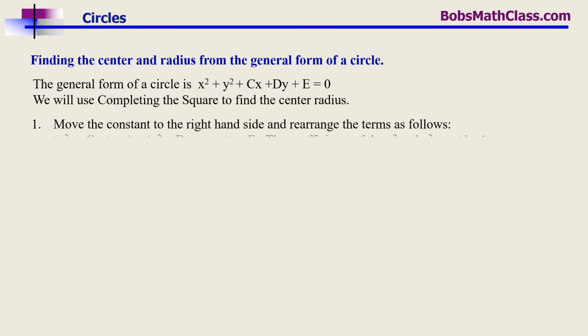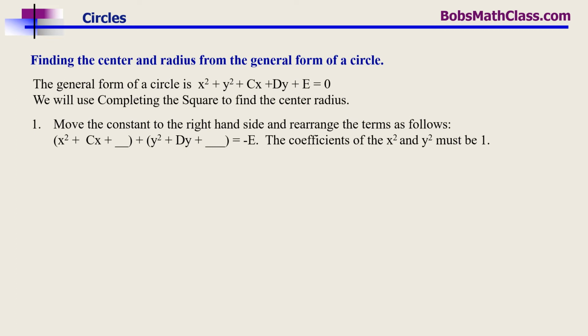We'll go through it. Okay, so our first step is to kind of group it. Put the x's together. Try to leave a space because we're going to complete the square. And then put the y's together. Again, leave a space. And then move the constant to the other side.